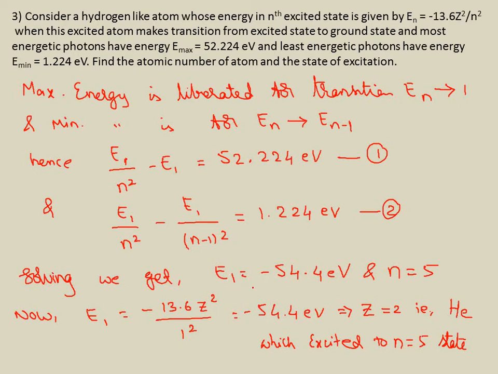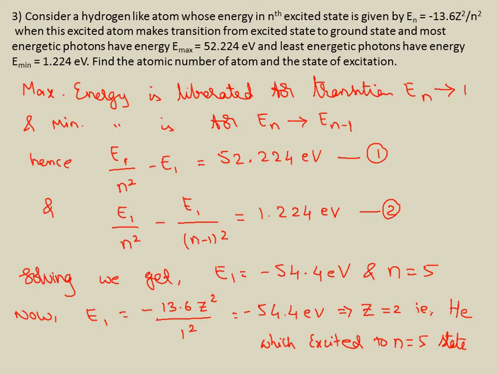What can we get? E1 will be nothing but minus 54.4 electron volt, and upon substitution of this energy in any of the equations, we can get n equal to 5. Given that the nth excited energy is given by minus 13.6 Z square by n square. Look here, it's already given for us. Have you noticed? So now let's go for that substitution.